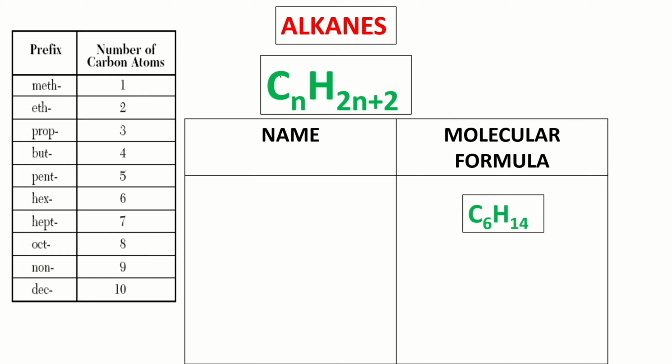Now, what if we have the molecular formula? How do we identify the name of this compound? First step, check the number of carbon atoms. We have here 6 carbon atoms. We will use hex.